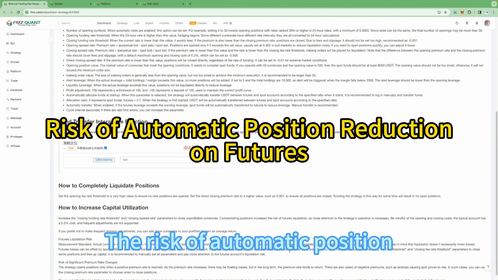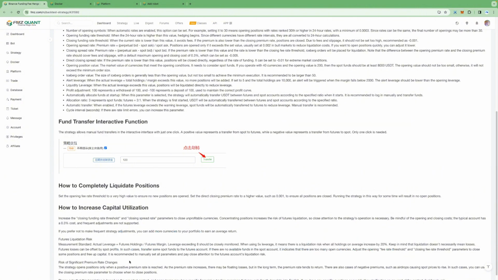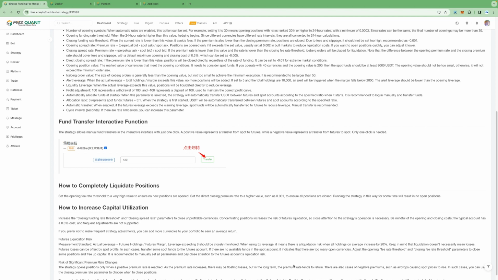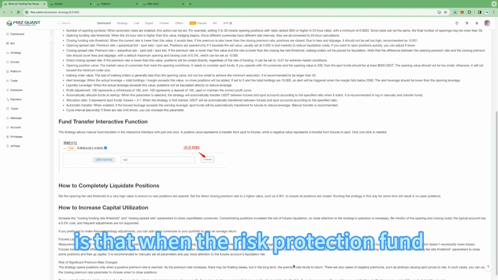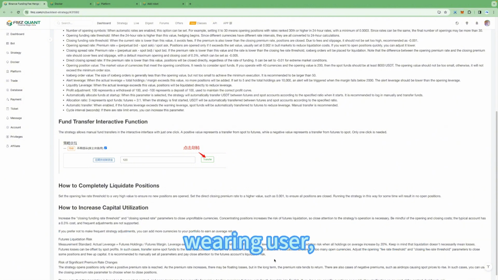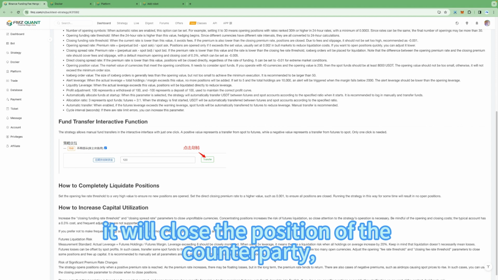The risk of automatic position reduction in the strategy: like the automatic position reduction mechanism in Binance, when the risk protection fund is unable to take over the position of the bankrupt user, it will close the position of the counterparty.